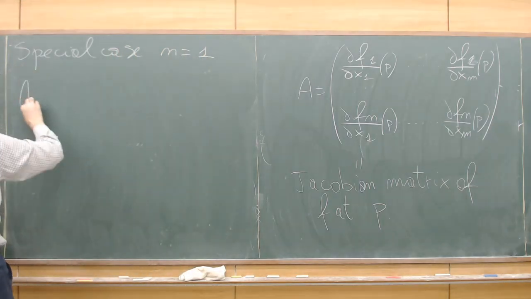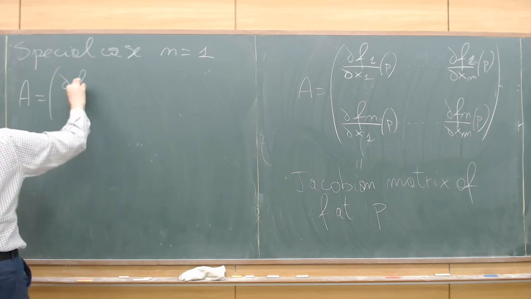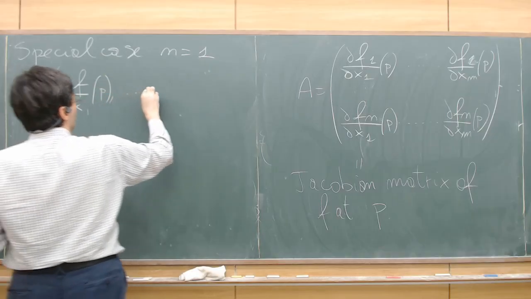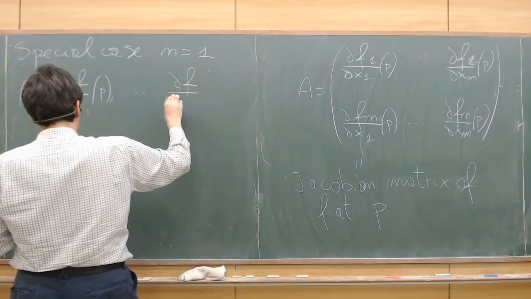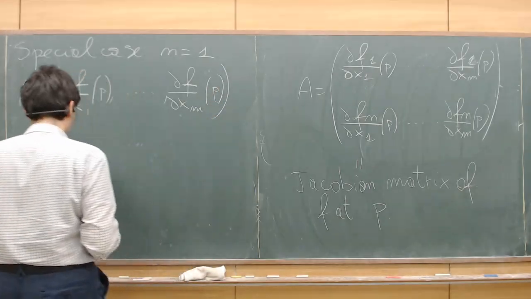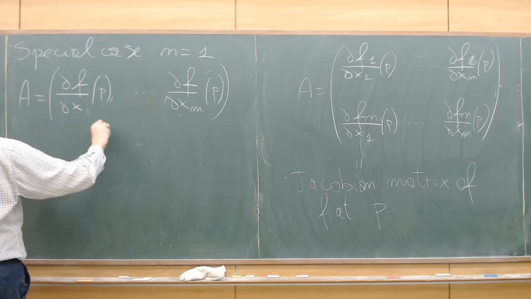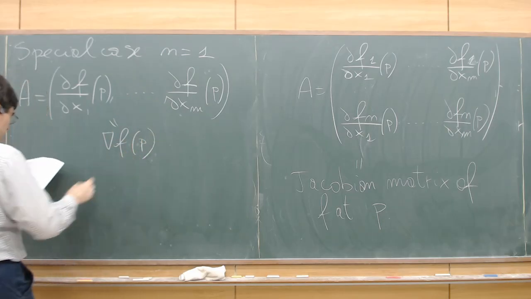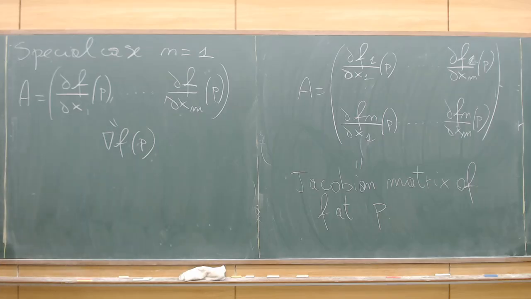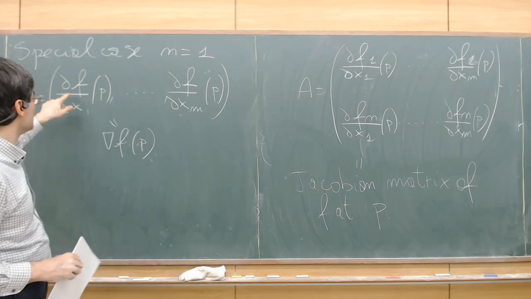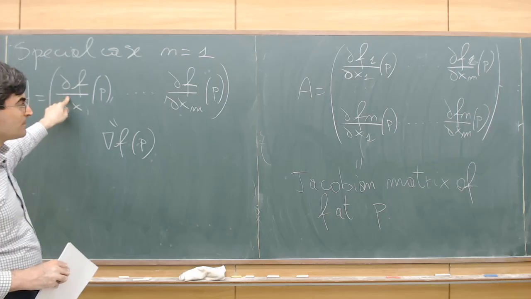In this case, we have that A is just df/dx1 at P, ..., df/dxm at P, and this is the gradient of F at P. The only difference is notational because this is a 1 times m matrix.